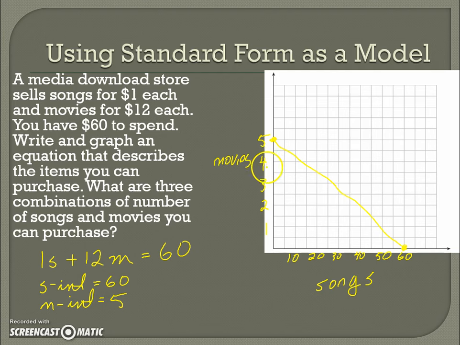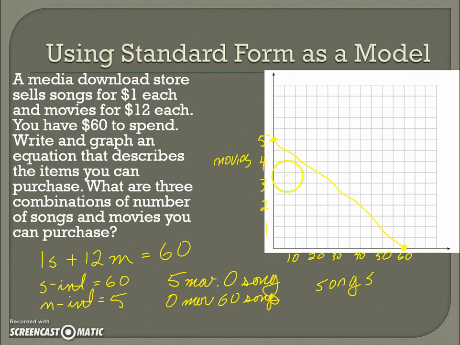Like you could get 4 movies and then the rest in songs and so on. So some different combinations we could get. You could get 5 movies, 0 songs. You could get 0 movies, 60 songs. Or you could get something in the middle, all right?